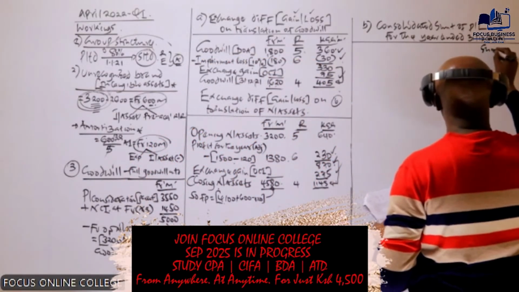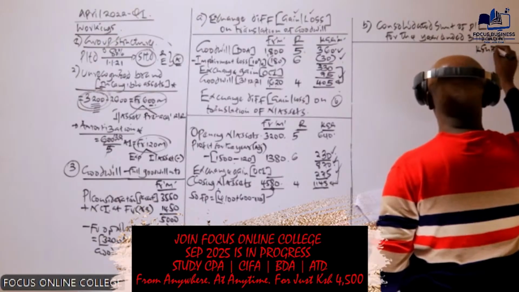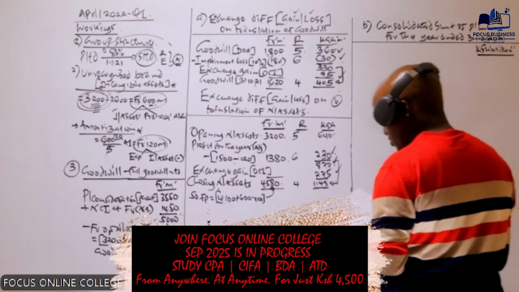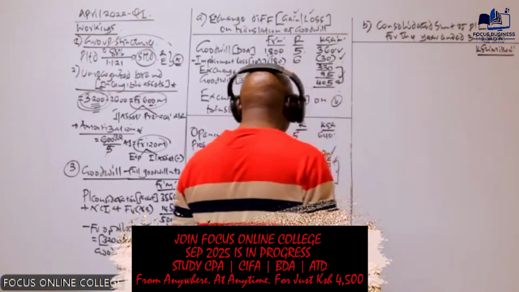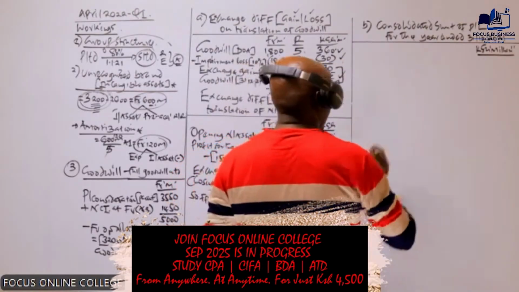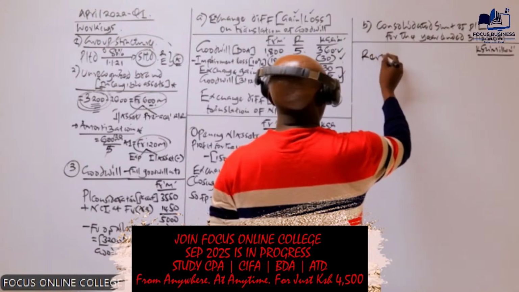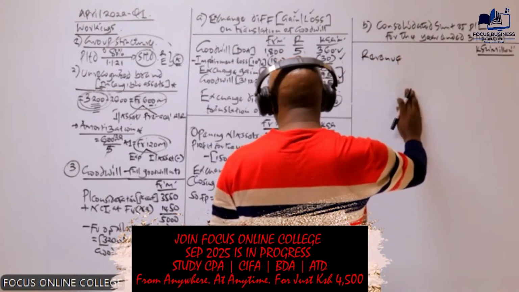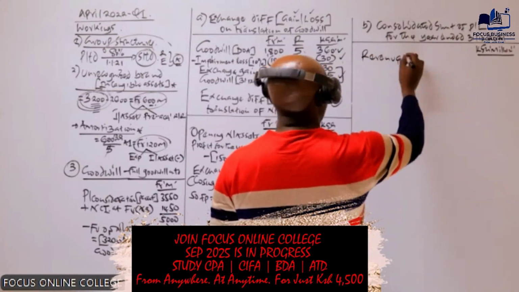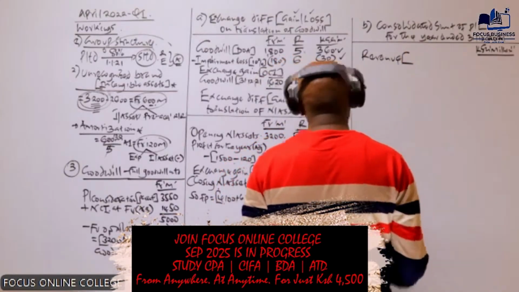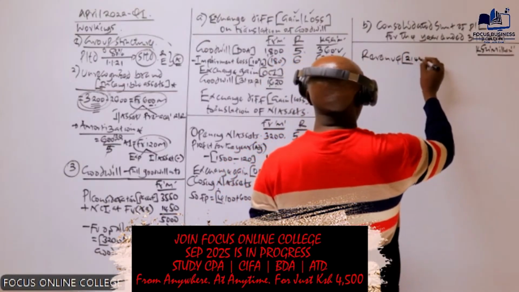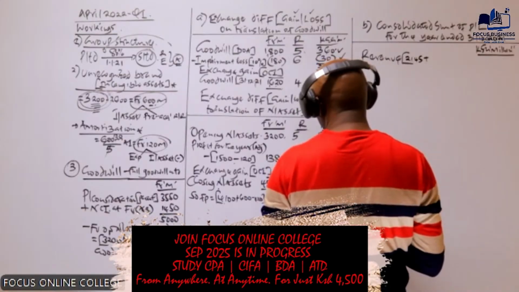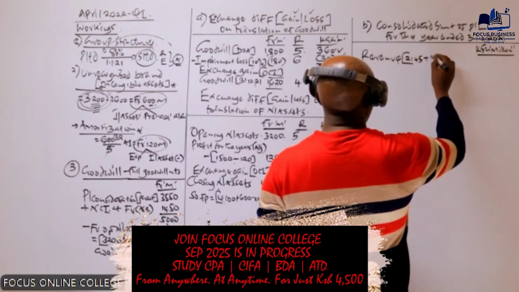So this would be in Kenyan shillings, and our figures are in millions of shillings. So we go back to the statement of profit or loss for individual companies, which is given, I think, below paragraph 2 of our question. We take the revenue of the parent, which is 2145, plus the revenue of the subsidiary, S, that is 10,500.